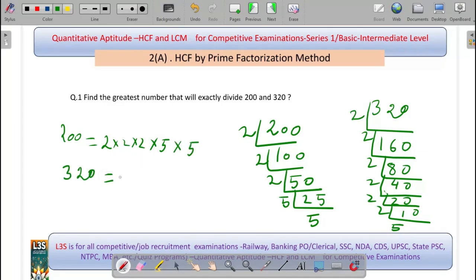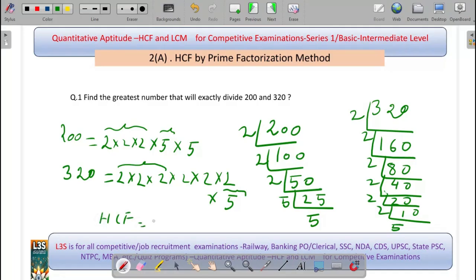Now 320 equals how many 2s? 1, 2, 3, 4, 5, 6 twos, and one 5. So the common factor will be how many maximum 2s here? Three 2s are common, and of the 5s, one 5 is common. So the highest common factor will be 2 into 2 into 2 into 5.